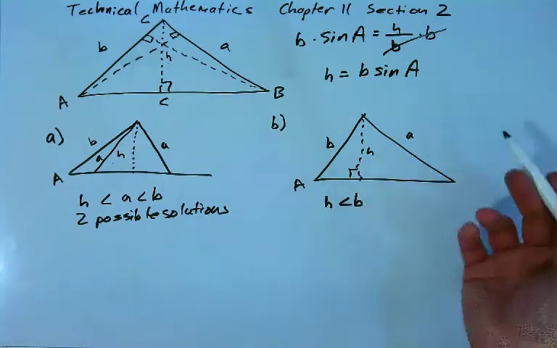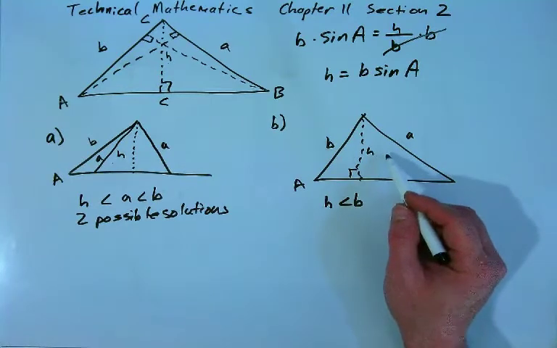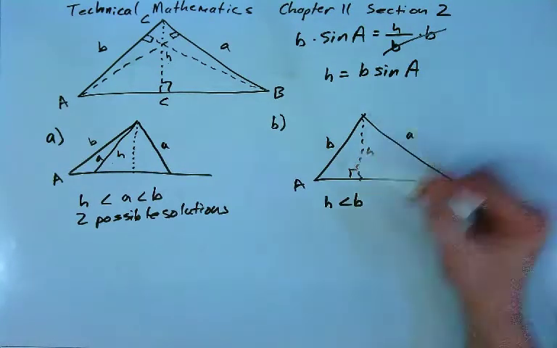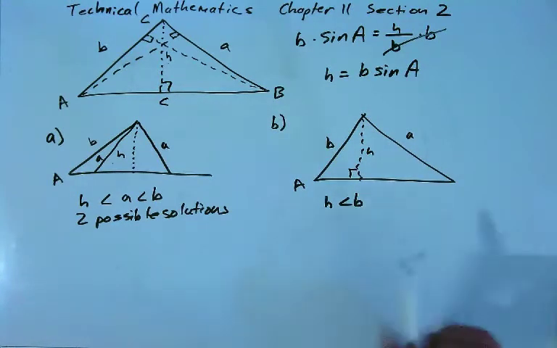There's a couple of rare instances where H is possibly equal to B, though that wouldn't really be a triangle at that point. But H has to be smaller than the hypotenuse of this right triangle, right? So H is almost always less than B.